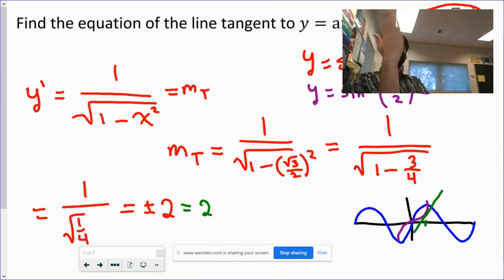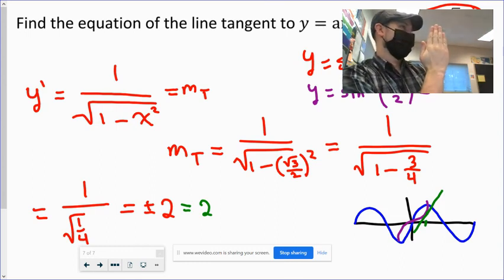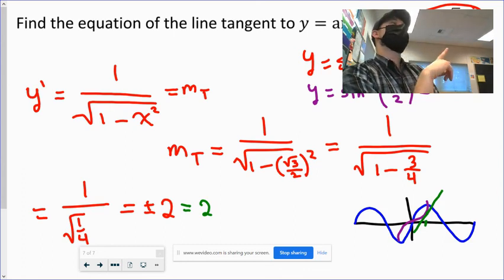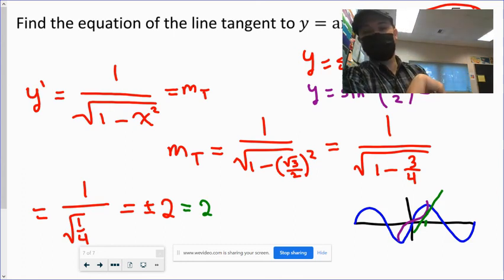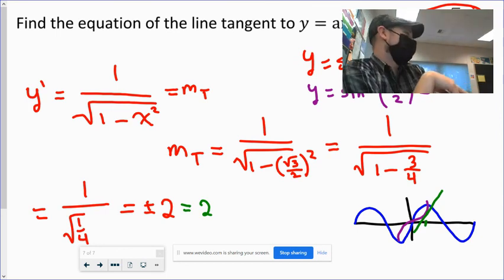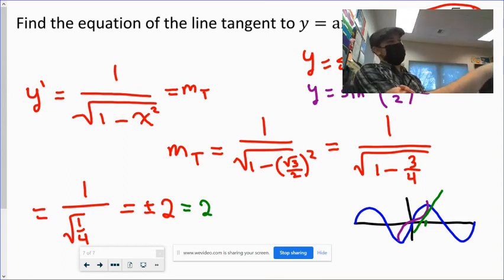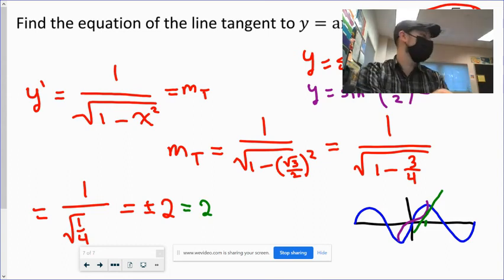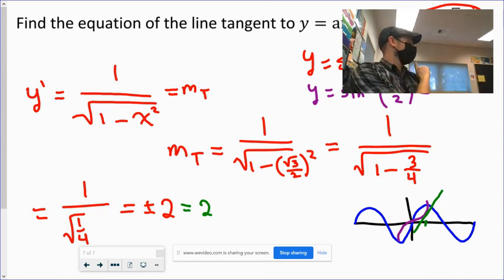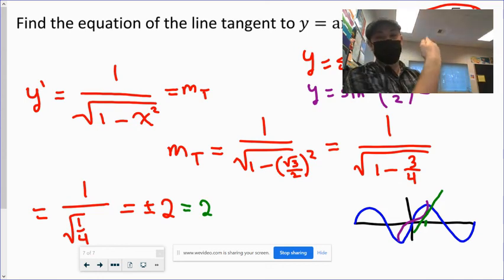Pi over 2 would be way up there, which sine of pi over 2 is 1. Pi over 4 would be the square root of 2 over 2. The sine of pi over 3 is 1/2. No, wait, you're right. The sine of pi over 6 is 1/2. The sine of pi over 3 is taller.